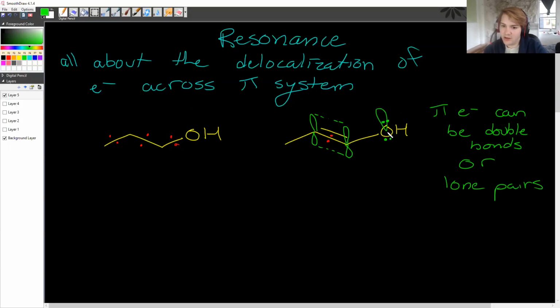So what's going on is that this oxygen also has pi electrons. And what we see going on in this funky way is that the pi electrons that are in these carbons can interact with the pi electrons that are in the oxygen. And so this is what a pi system is. A pi system is just an interaction of pi electrons.